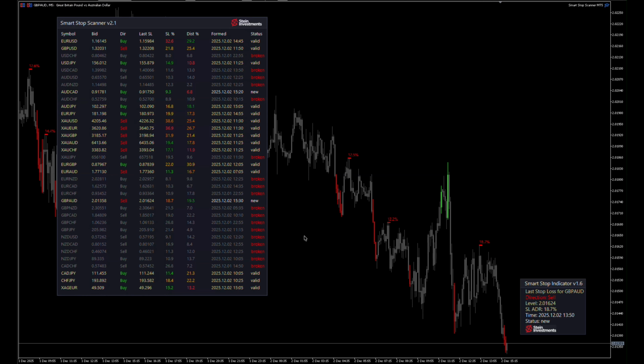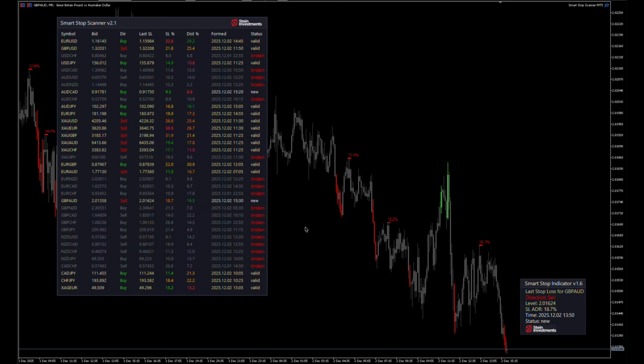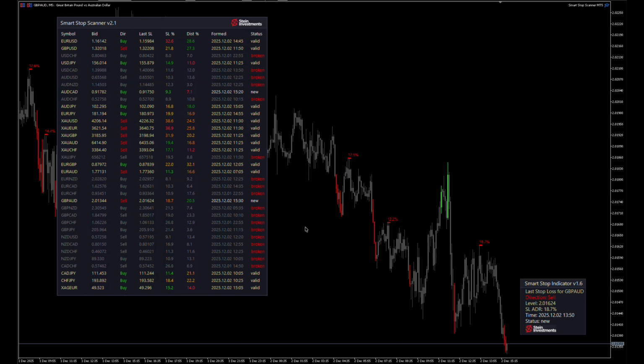The Smart Stop Scanner shows opportunity, structure and risk, but it does not replace a trend analysis. Always check the directional bias, nearby levels and the volatility conditions. A stop loss can be perfect, yet the trade context can still be bad, and the scanner makes that clear.